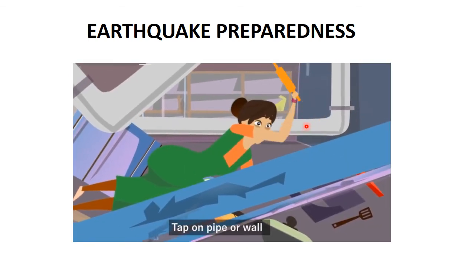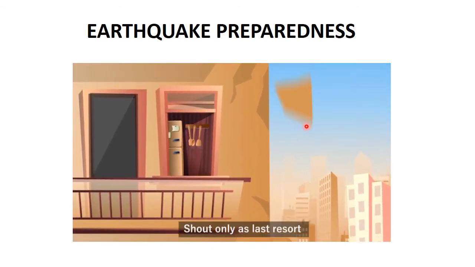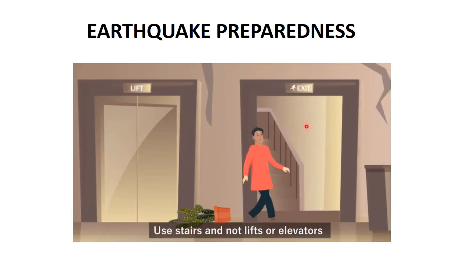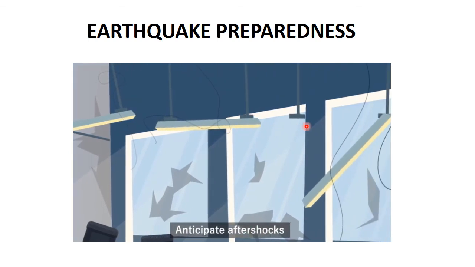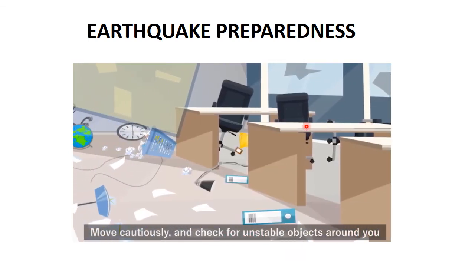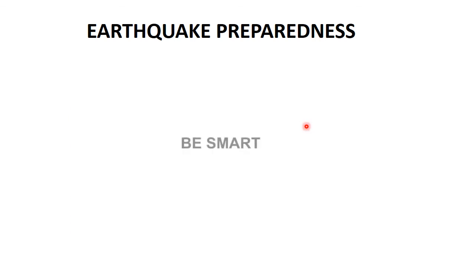Tap on pipe or wall. Sound a whistle. Help! Shout only as last resort. Help! Use stairs and not lifts or elevators. Anticipate aftershocks. Move cautiously and check for unstable objects around you. Be smart. Be prepared.